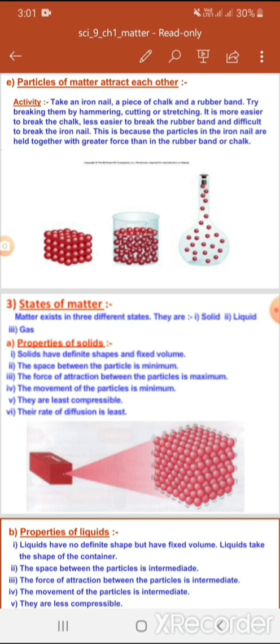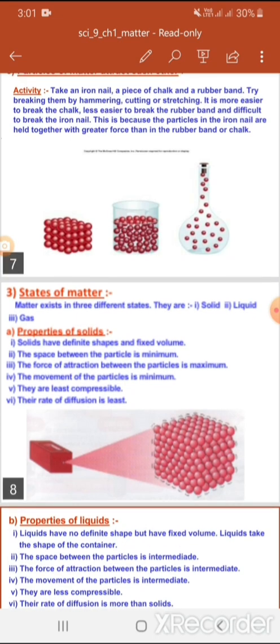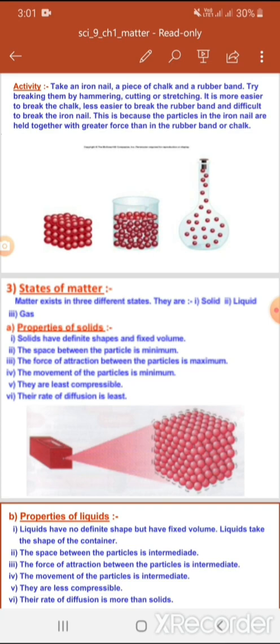In the second image you can see the particles have a little space between them. And in the third figure you can notice that the particles are quite far from each other because they are in a gaseous state.